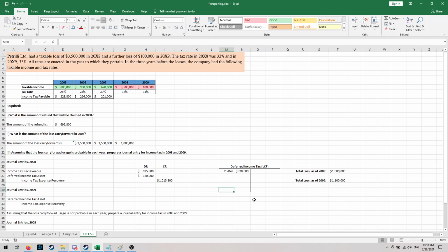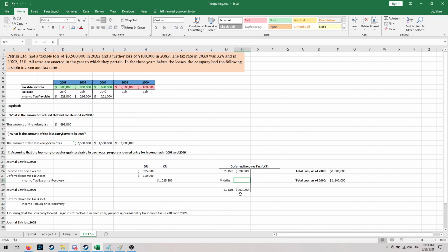So think of this as the 31st of December, year 2. So the amount here that's in this account now is going to be equal to 1.1 million times 33%, or 363,000. So let's just call this the middle of the year. How much did this account go up? What's the adjustment we need to make to this account to get to the correct amount of 363,000?